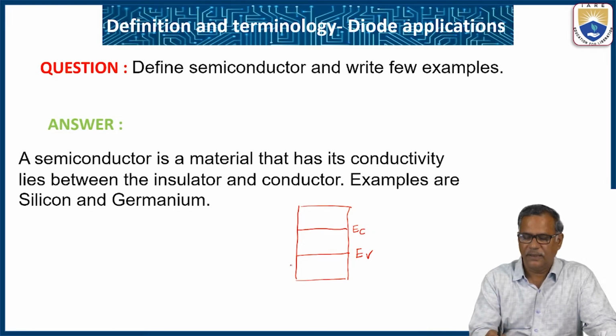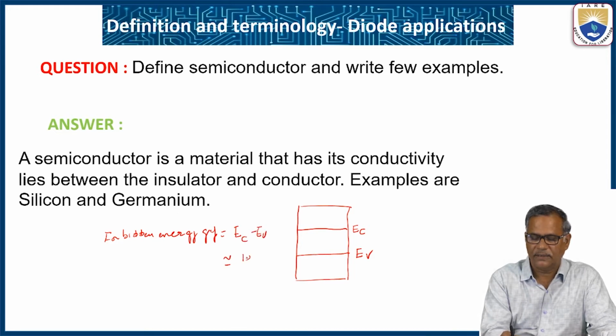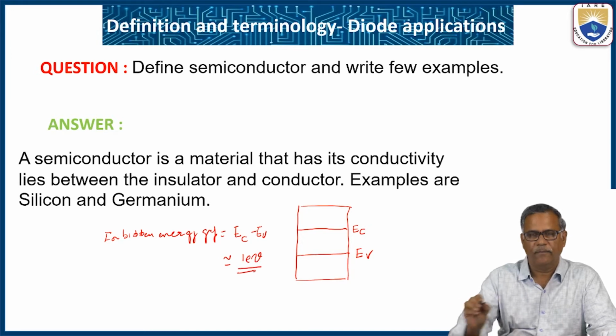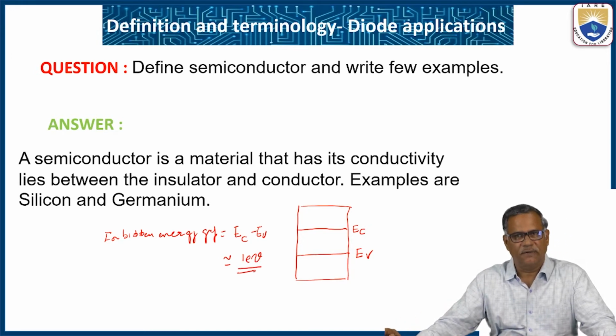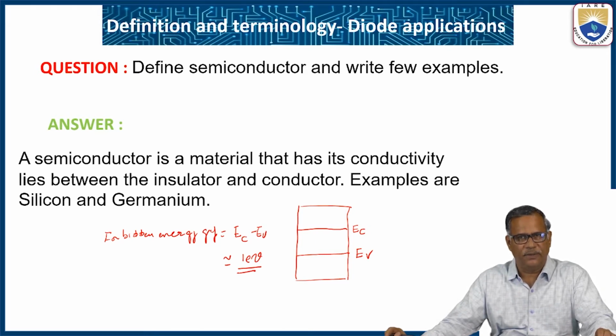So the forbidden energy gap is given by EC minus EV, and for a semiconductor it is roughly 1 electron volt. So semiconductor is a material that has conductivity which lies between the insulator and the conductor, and examples are silicon and germanium.